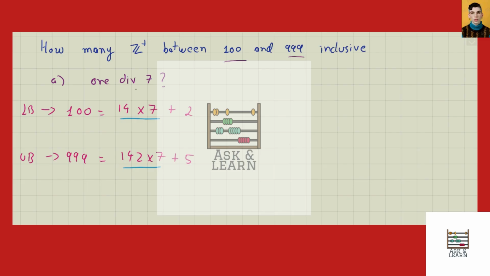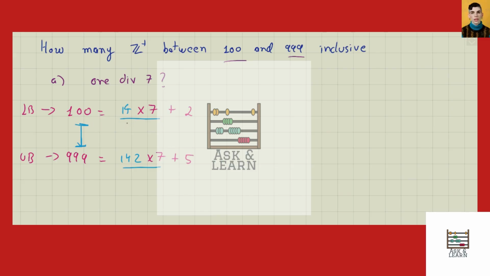So the numbers between 14 and 142, for example 15 times 7, are going to be contained in this interval, and even more, are divisible by 7.